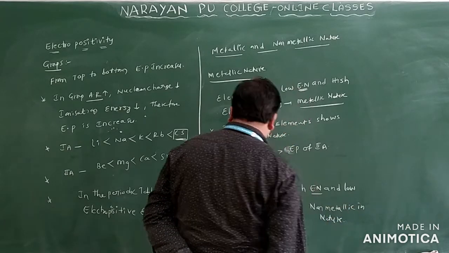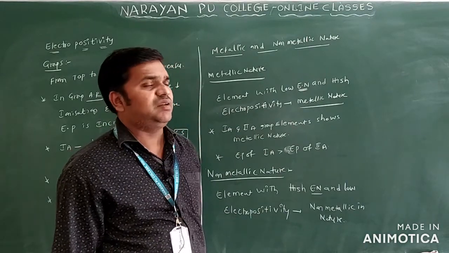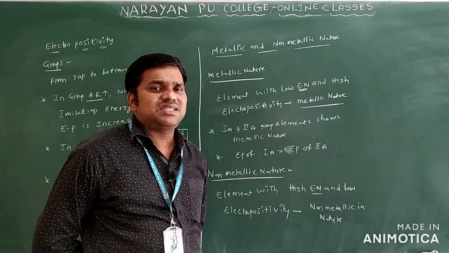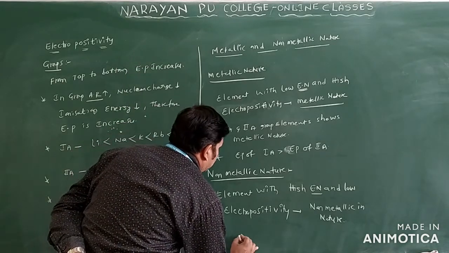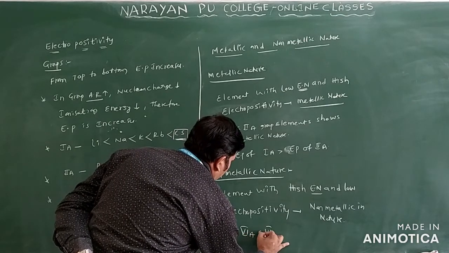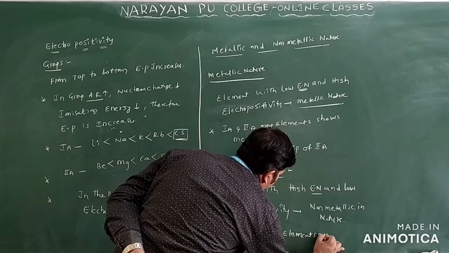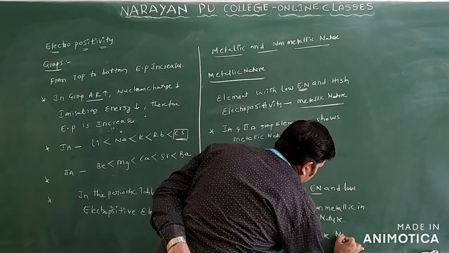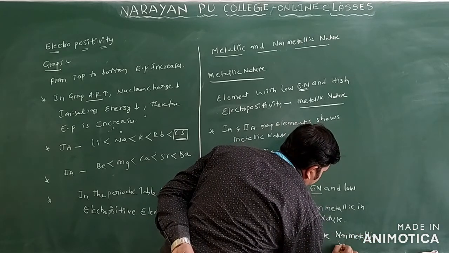So in the periodic table, the elements which show maximum non-metallic nature are the 6th A and 7th A groups. So 6th A and 7th A group elements are generally non-metallic in nature only.